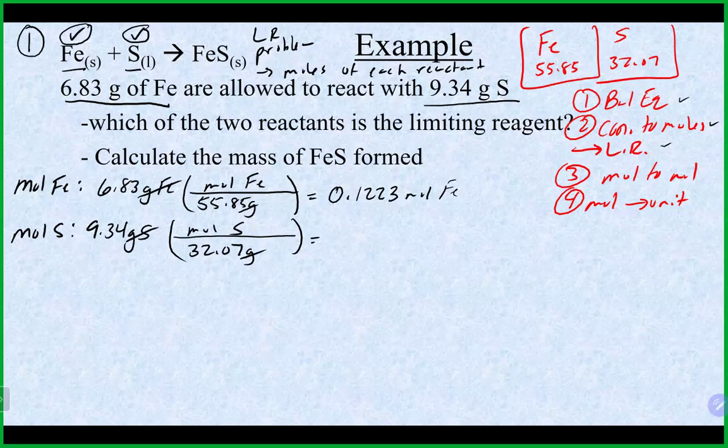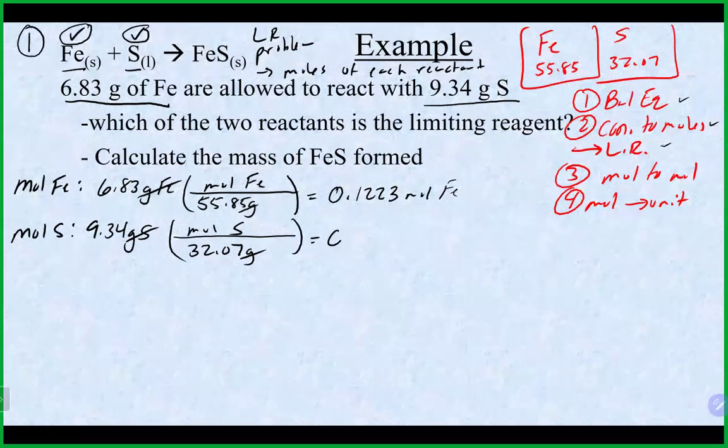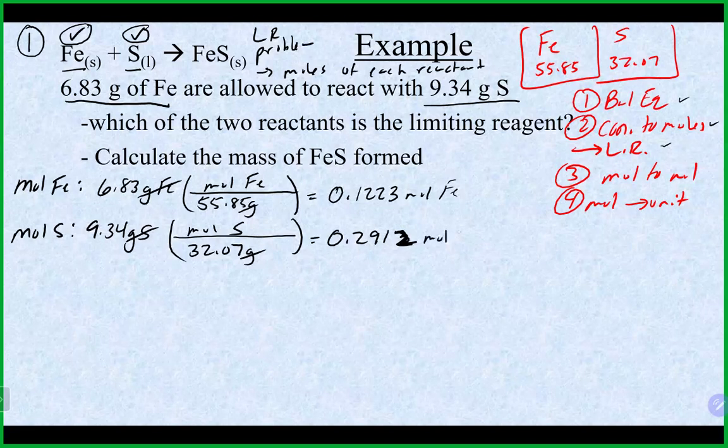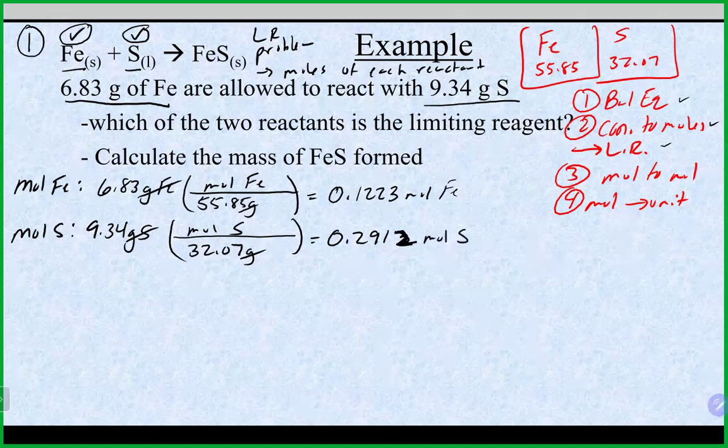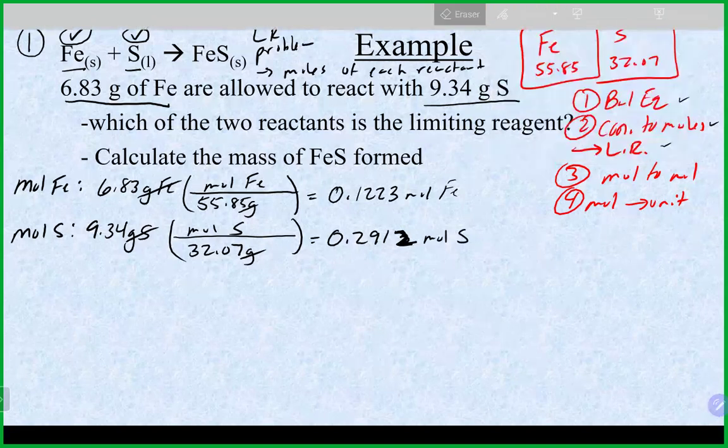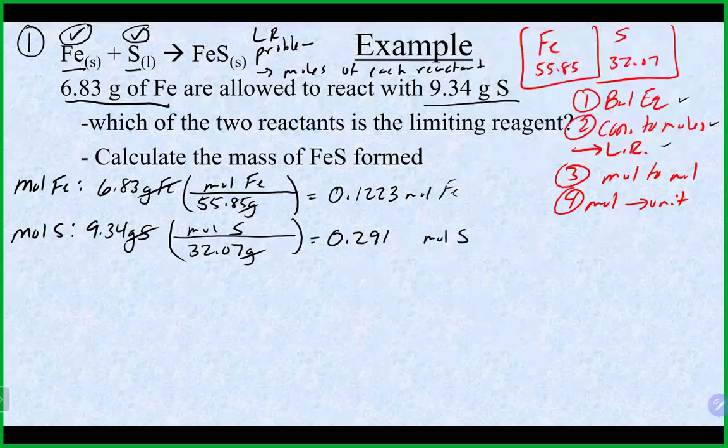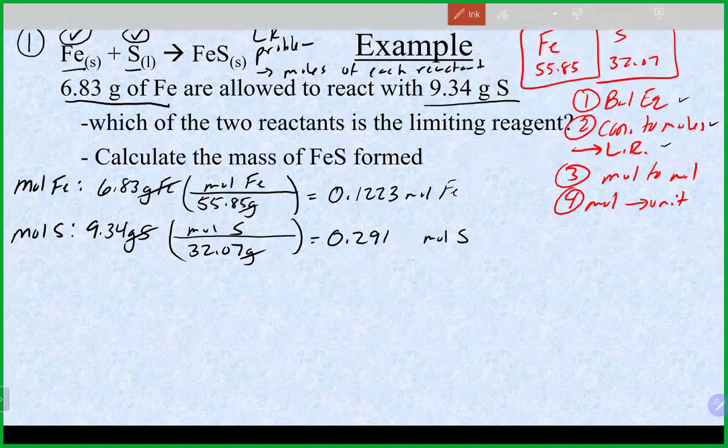And that will get us 9.34 divided by 32.07, which is going to get us 0.2912 moles of sulfur in this case. Any questions on that so far? So it's really just a conversion of grams to moles using the molar mass from the periodic table.